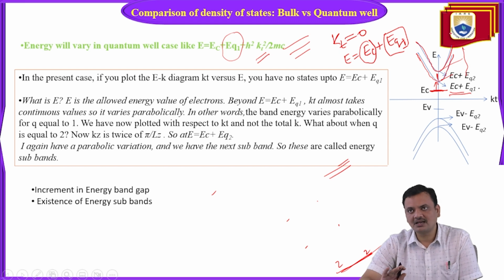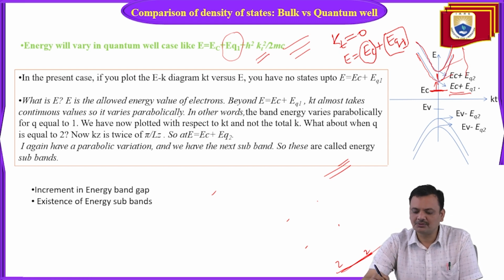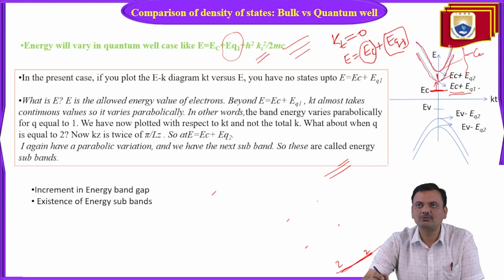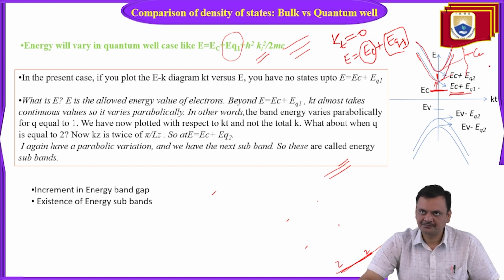Okay, and these bands are known as sub bands of a particular band. Suppose this is the conduction band, so these two bands are sub bands for the conduction band, and the band edge energy for the first sub band is Ec plus Eq1, and for the second sub band Ec plus Eq2. Okay, why?